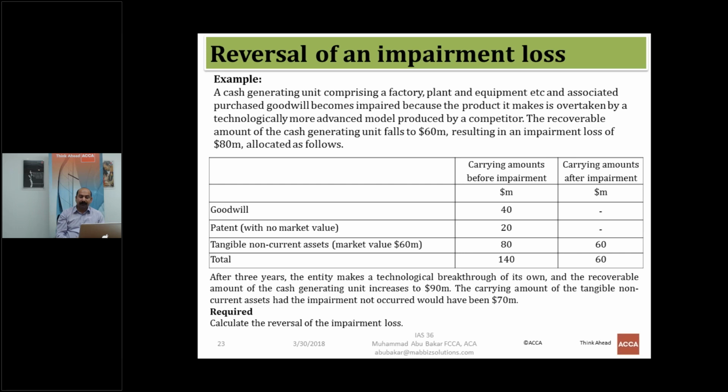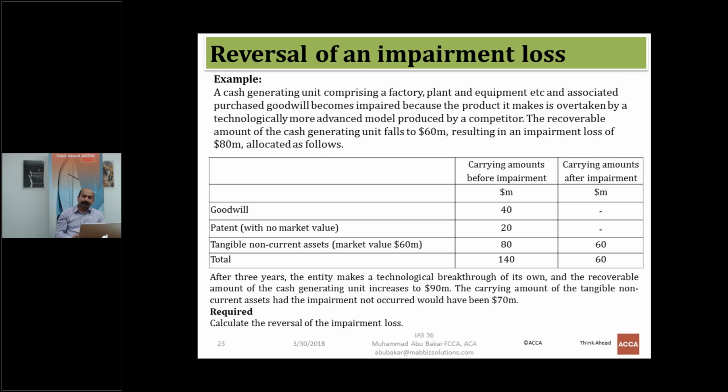Carrying amount before impairment, carrying amount after impairment. 40 million goodwill all gone, patent all gone with no market values, it all gone, destroyed, this means, and tangible non-current assets, the remaining amount is allocated to these assets, and now these assets have carrying amount after impairment 60 million USD. See, now what happened?